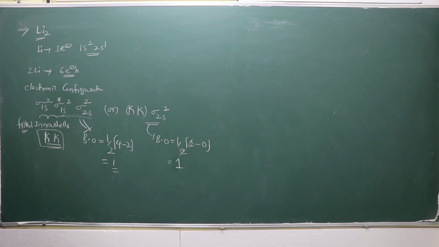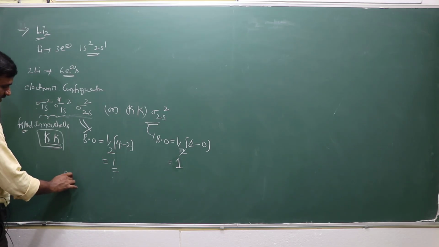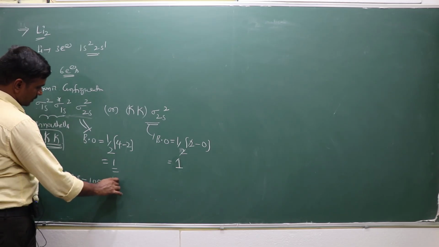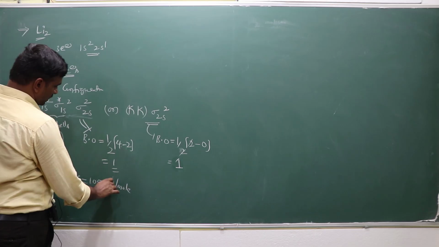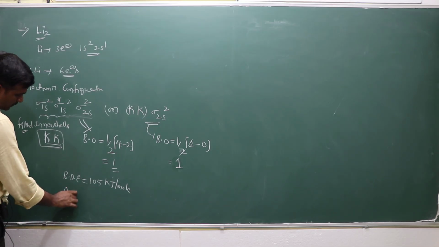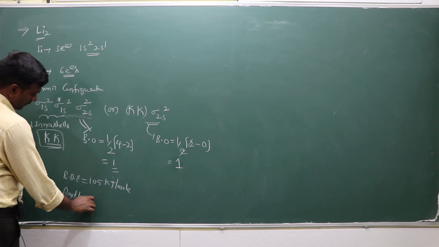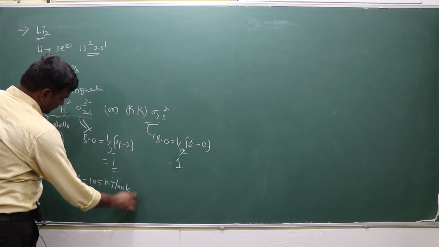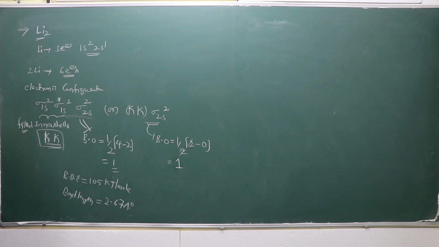A sigma bond is present, and the bond dissociation energy is 105 kilojoule per mole. The bond length is nearly 2.67 angstroms, sorry, not 2.07.